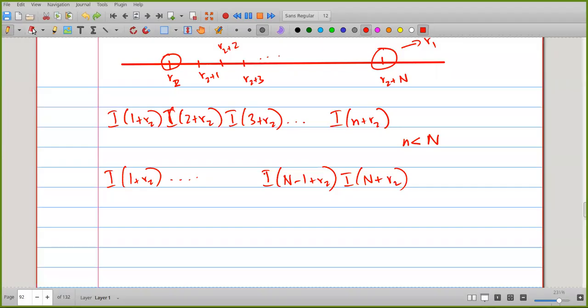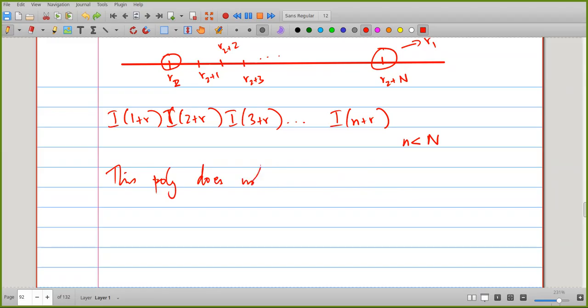I'm sorry, maybe I should have said, I want these to be R. So I wanted to say that this polynomial does not vanish at R equal to R2 if n is strictly less than capital N. So we are looking at this polynomial.